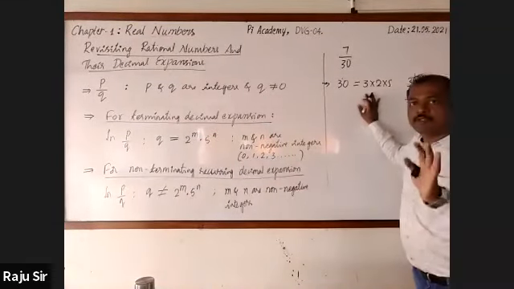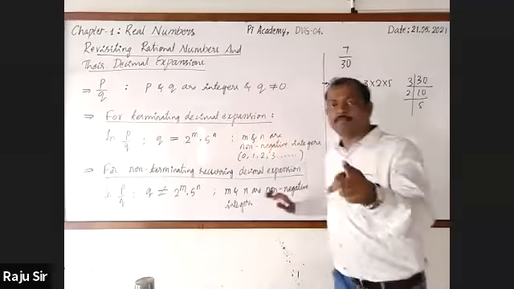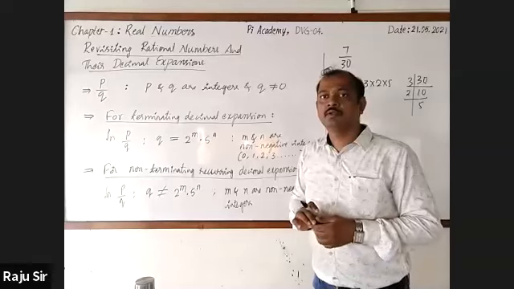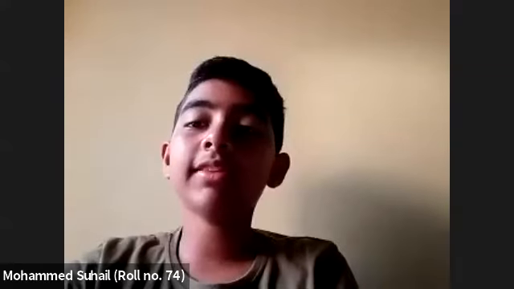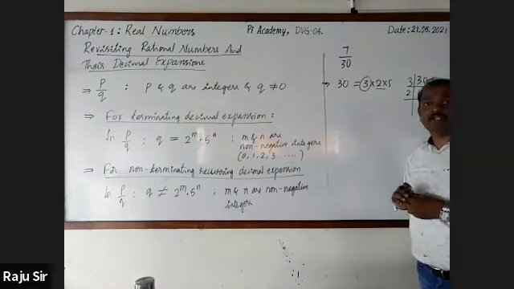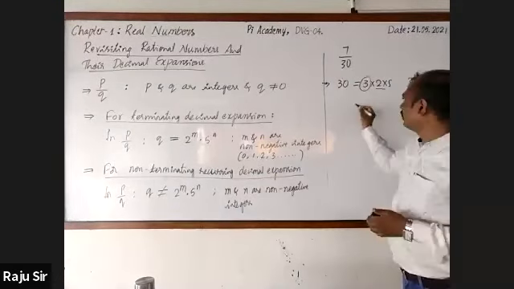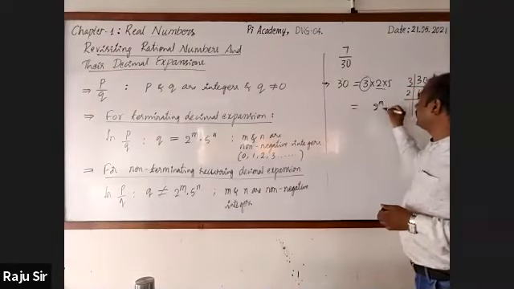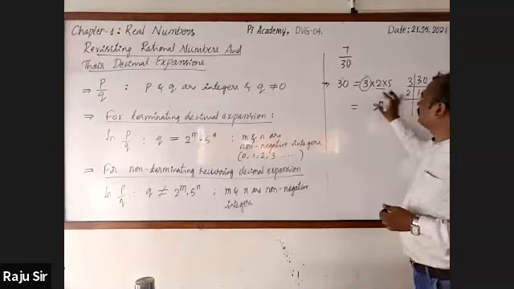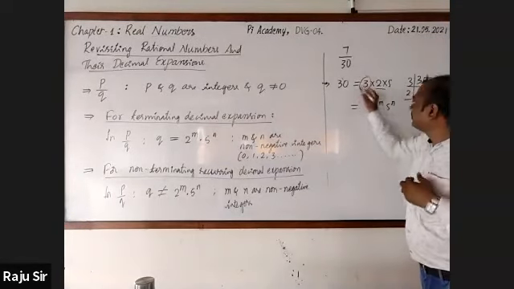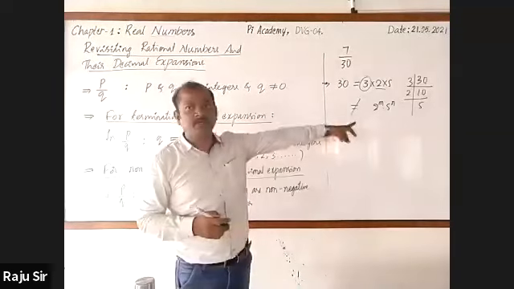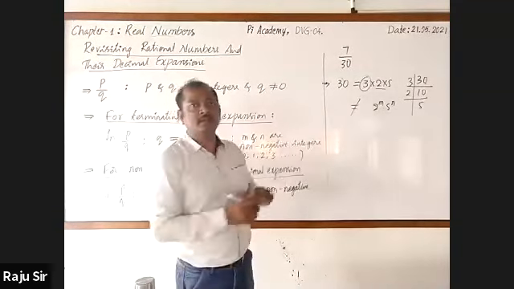Is it in the form 2 raised to the power m into 5 raised to the power n only? No, sir. It is having 2, along with that, 3 is also there. Only if it is 2 raised to the power m into 5 raised to the power n, with only 2 and 5 there, can we say that it is terminating. But this is not in that form.